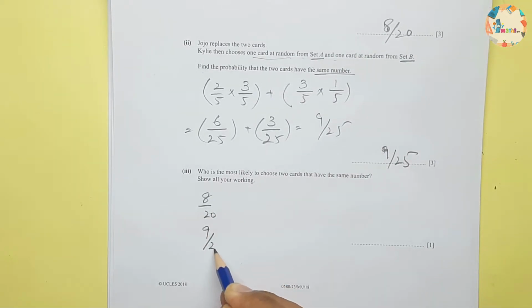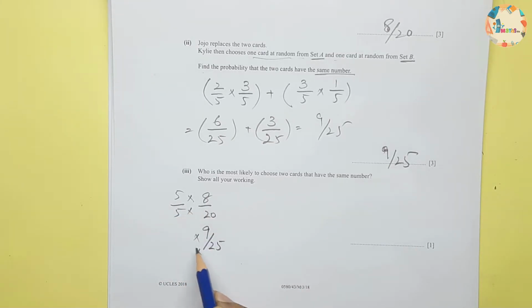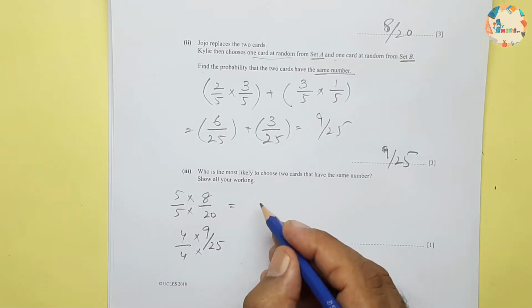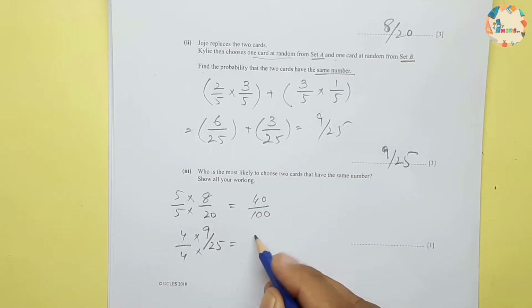Now we can equalize the denominators. Multiply numerator and denominator of 2 by 5 by 4, and for this one we will get 40 over 100, and for this one we will get 36 over 100.